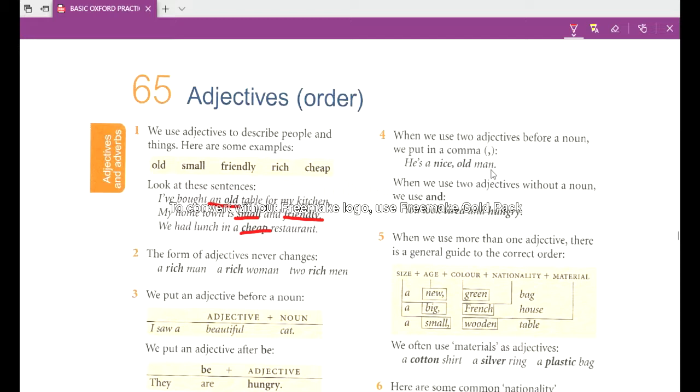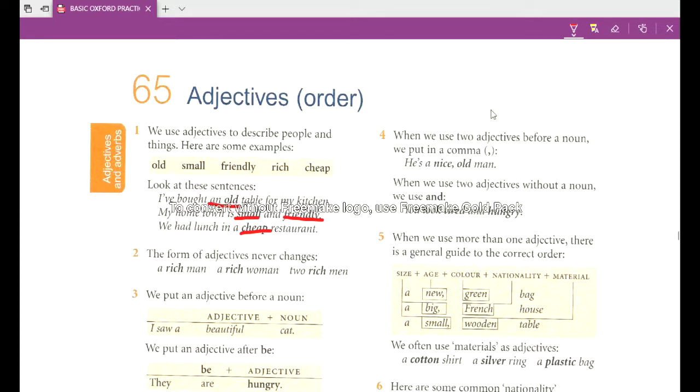Are you a nice, old or a nice, young girl? Are you? Maybe. When we use two adjectives without a noun, we use and. You look tired and hungry.